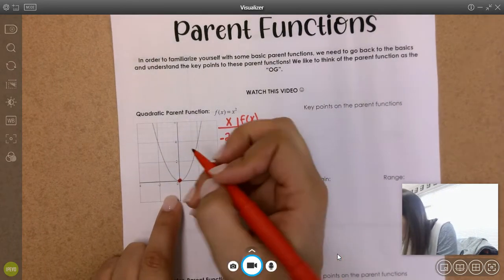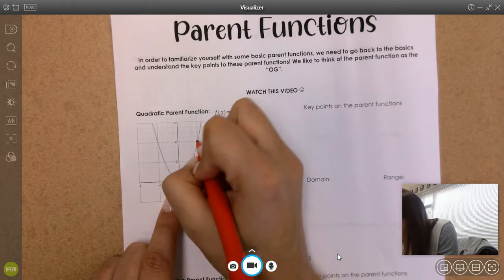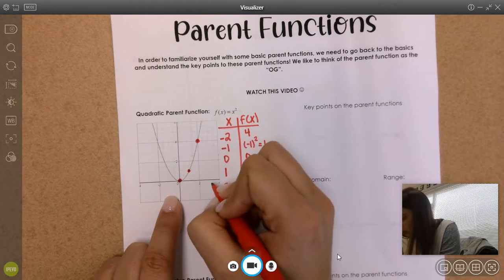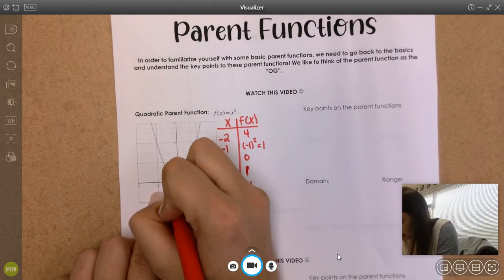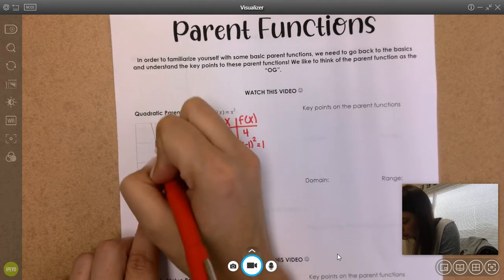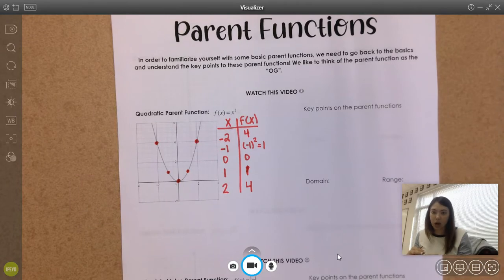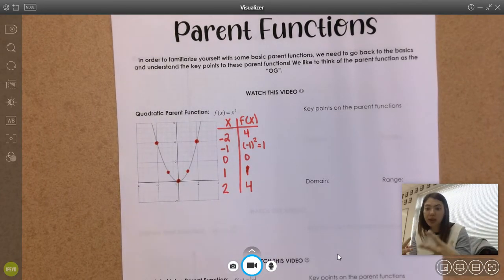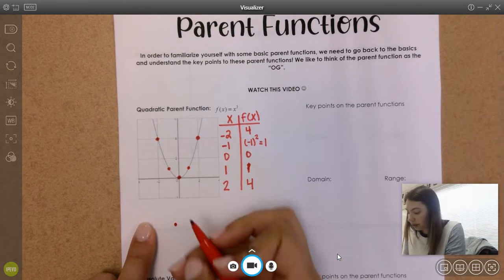And then if we plotted those points, go over 1, up 1, over 2, up 4, over 3, up 9, and so forth. And because there is no shift, there's no compression, there's no stretch, we can use that idea of saying, okay, we're starting here at our vertex.